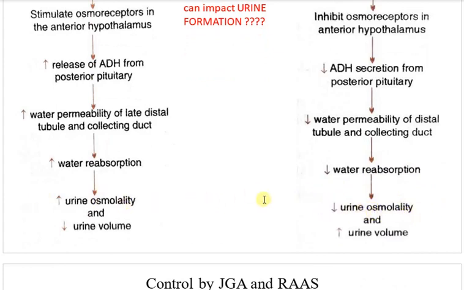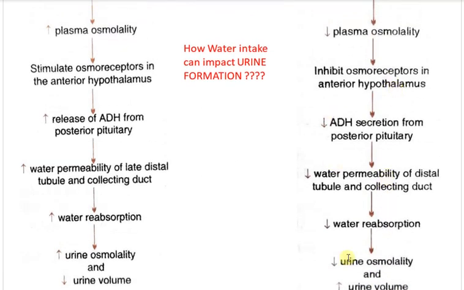Urine osmolarity, as I have already told you, means there is much more solvent than solute. Hence the osmolarity decreases and urine volume increases. In this portion, as ADH secretion from the pituitary decreases, if in a diseased condition this continues for a longer time, it can cause diabetes insipidus.